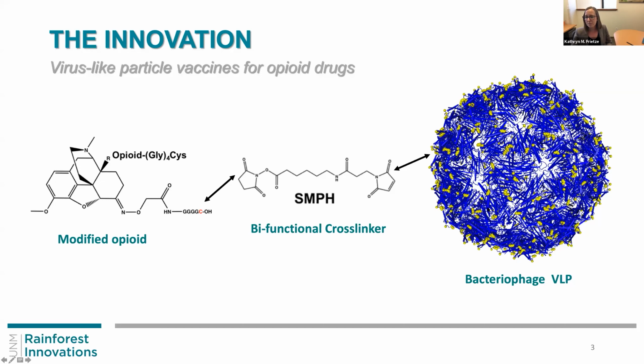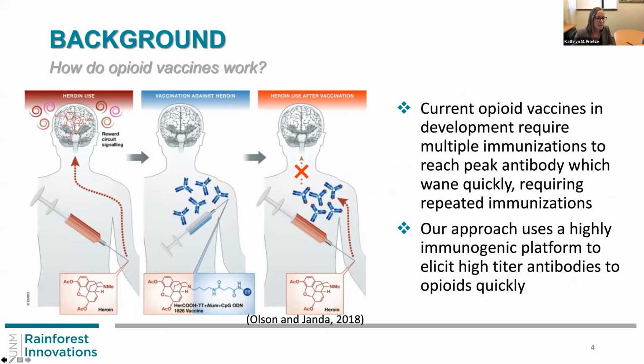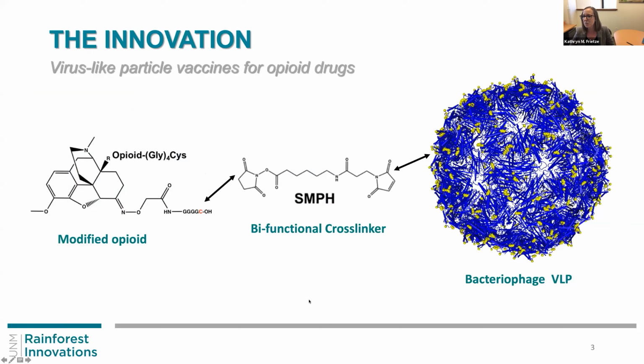What's unique about these virus-like particles that we use is that they have these surface-exposed lysines that are able to be used as a way to connect things onto the surface.